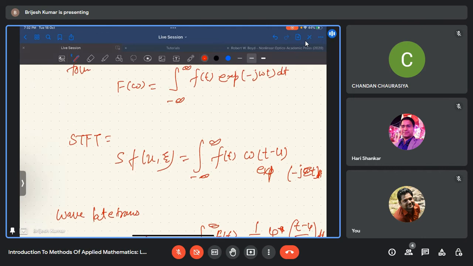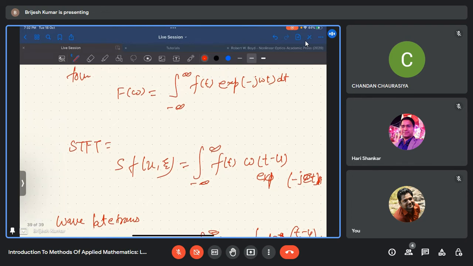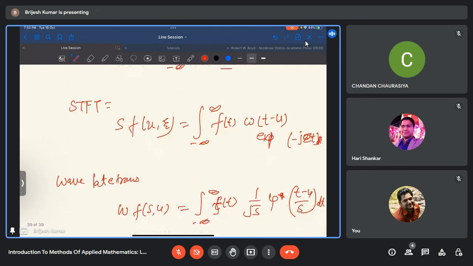If we compare all three, the Fourier transform converts the signal in the time domain to the frequency domain by integrating over the whole time axis. However, the signal is not stationary, that is, the frequency composition is a function of time, so we cannot tell when a certain frequency rises or falls, right? The STFT tries to solve this problem by introducing a sliding window, say w(t minus u).